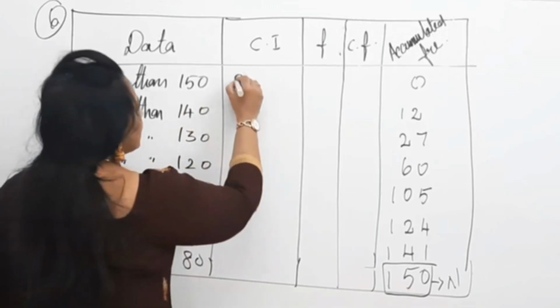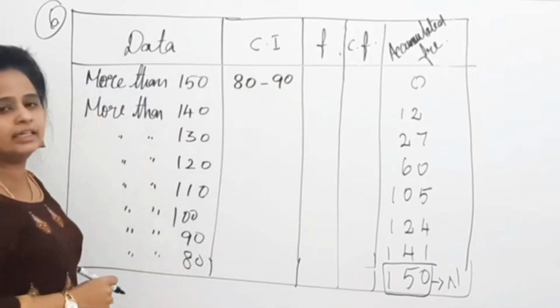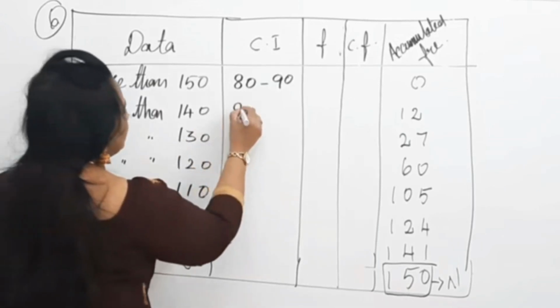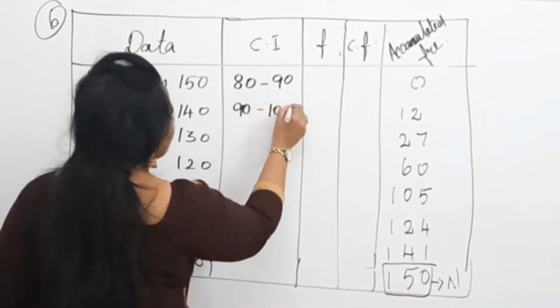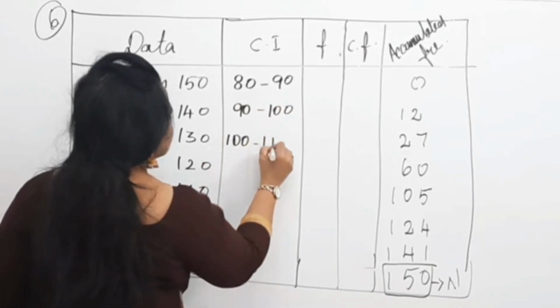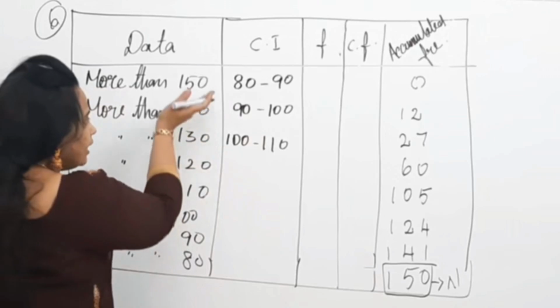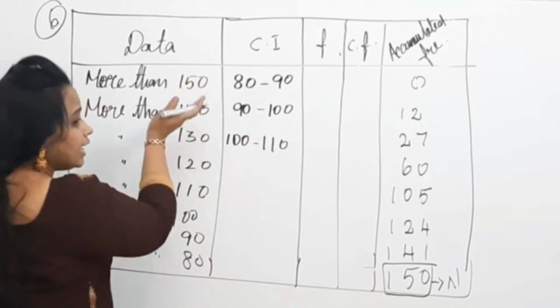That means your class interval will start from 80 to 90. And this will be 90 to 100. This will be 100 to 110. Anyhow, the difference is 10. I hope you understand. 150 minus 140, the size is 10.